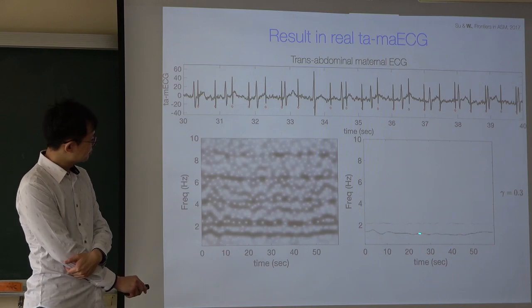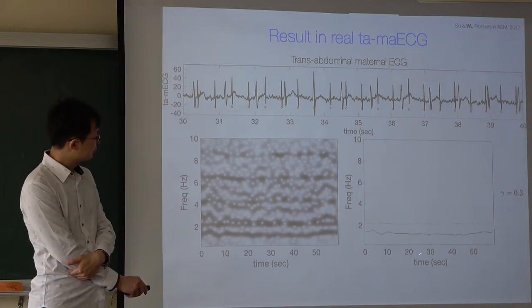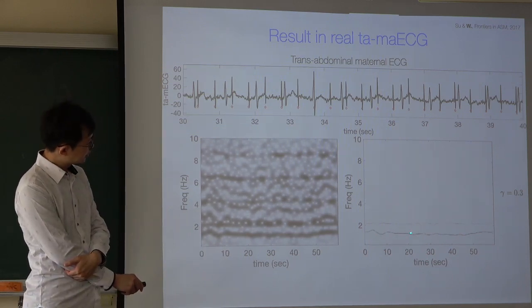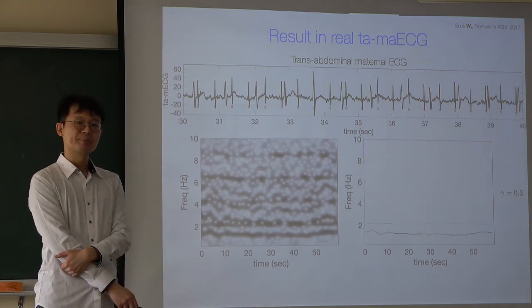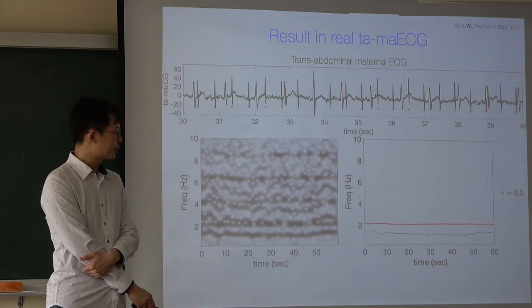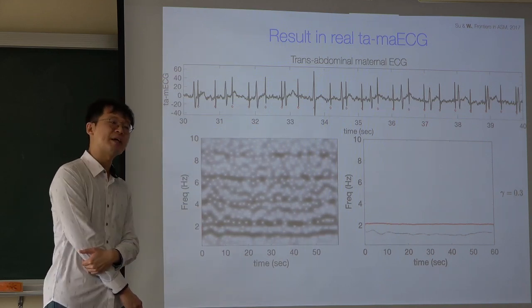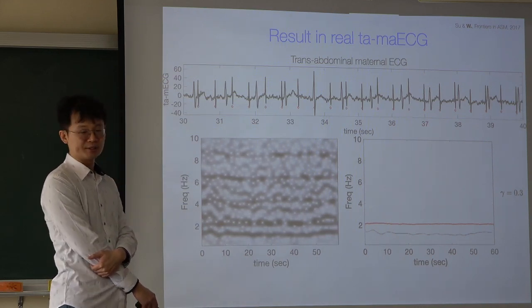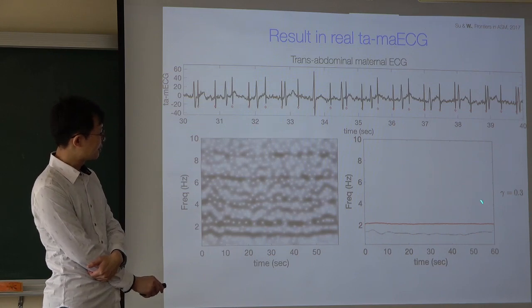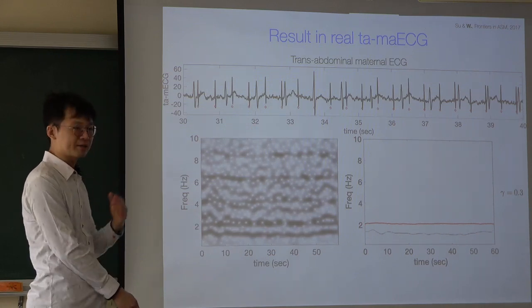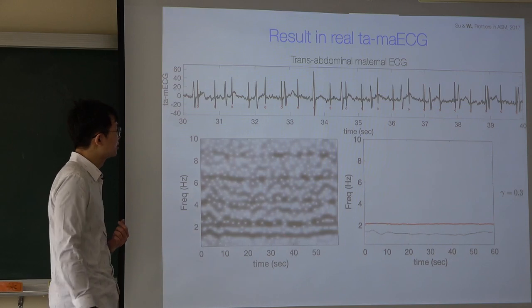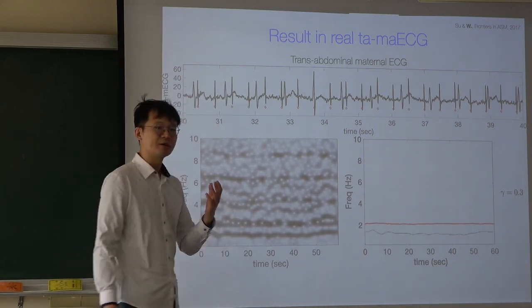And these two curves are associated with what? The slower one is the maternal heart rate. The higher one is the fetal heart rate. How can I say so? Because we have the ground truths. We have a simultaneously recorded fetal ECG, and they match very well. So you get the instantaneous heart rate of the fetal ECG.